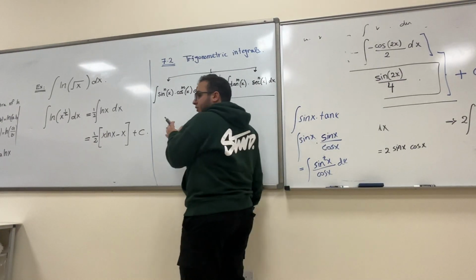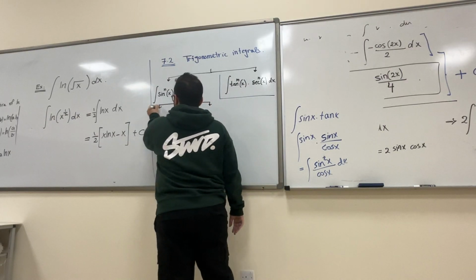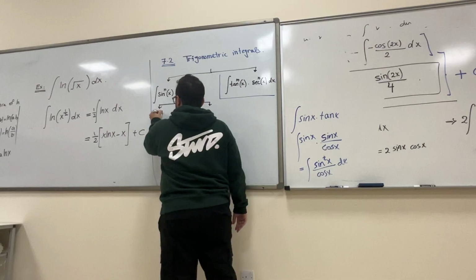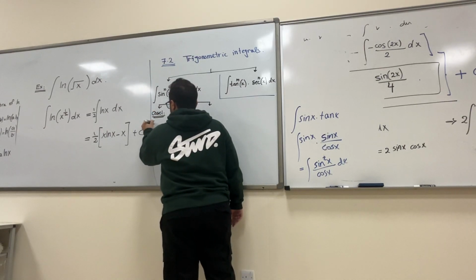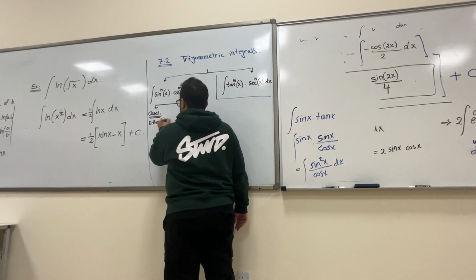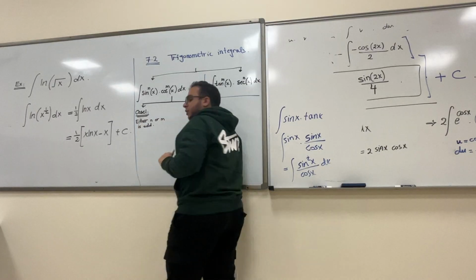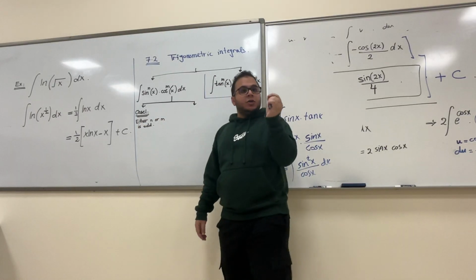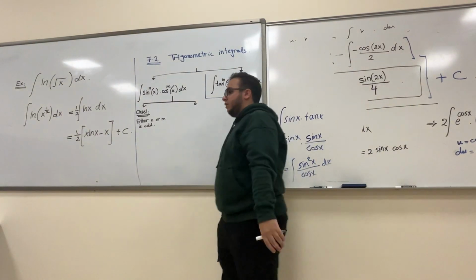In a question with sine and cosine, we have two main cases. Case one: either n or m is odd. It could be both, but either one of them is odd. What do I do?